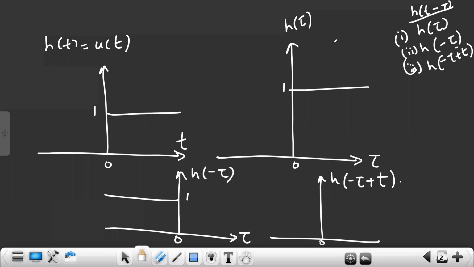Yes, sir. So when you shift h of minus tau plus t, it is understood that this graph will be shifting towards the right side by t units of time. Okay. So I will assume that t is positive. T is positive means it is understood that it is a right shift, isn't it? But what happens when t is less than 0 or negative?